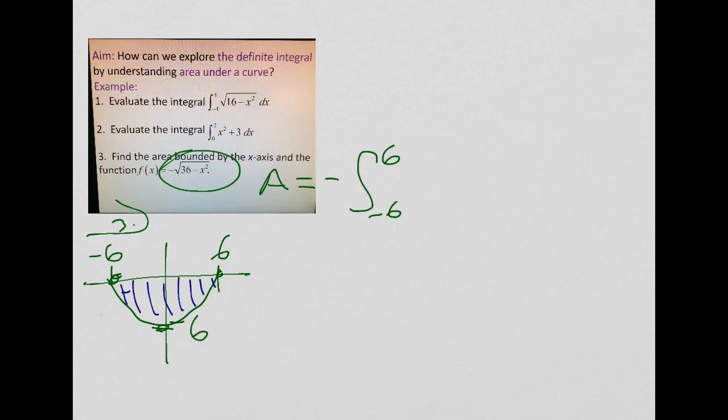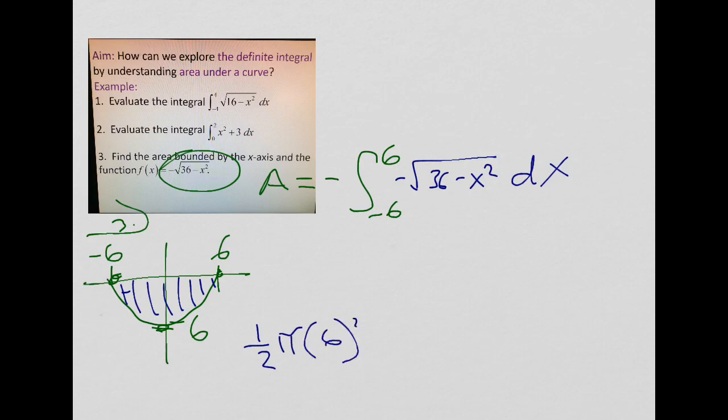We're bounding it to the x-axis, and we end up with the area being 1/2 pi r squared, in this case 6 squared, which is 18 pi.